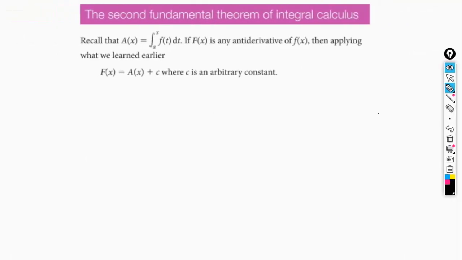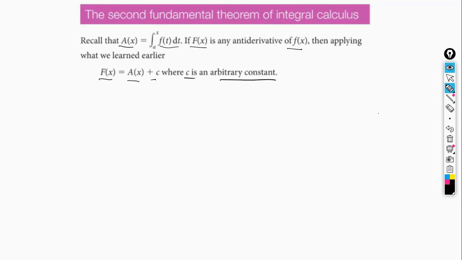So next we're going to take a look at the second fundamental theorem of integral calculus. Recall that we said the area function, A of x, is equal to the integral from a to x of f of t dt. Then if capital F of x is any antiderivative of f of x, then applying what we learned earlier, capital F of x is equal to A of x plus c, where c is an arbitrary constant.